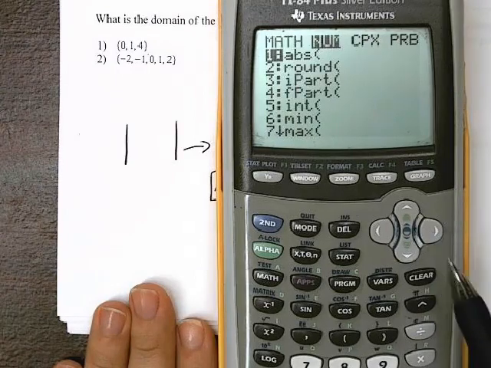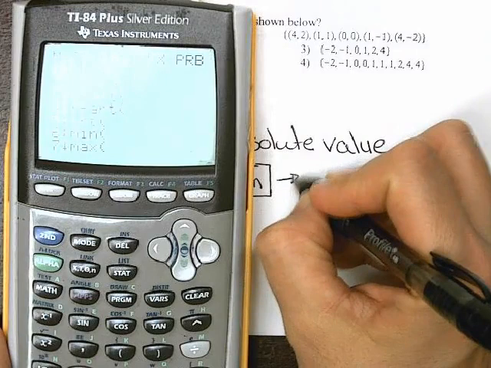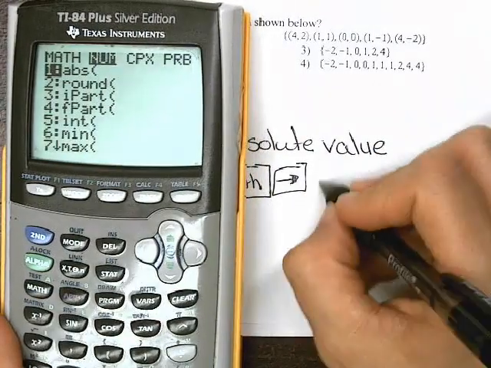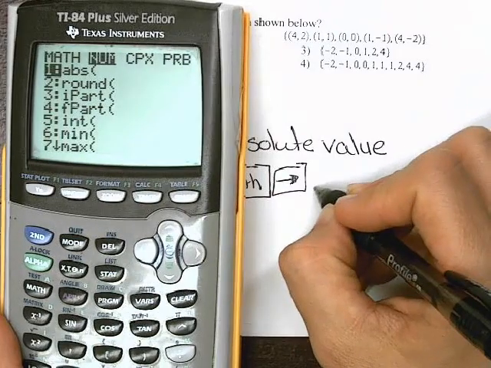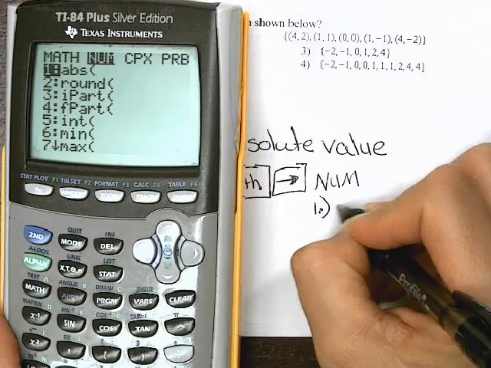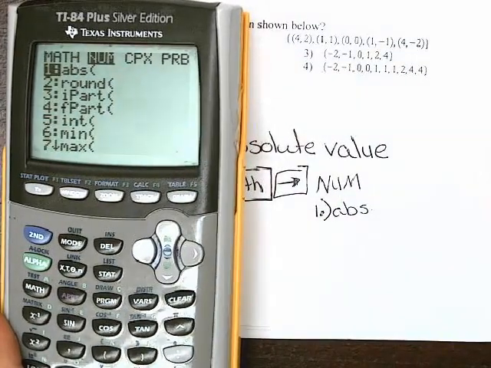So tab right, and you can see it. So when you hit the right arrow key on the calculator, you will see the first one underneath number 1 says ABS. That is absolute value.